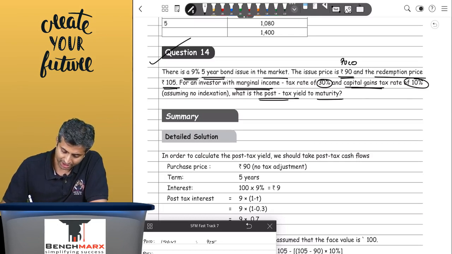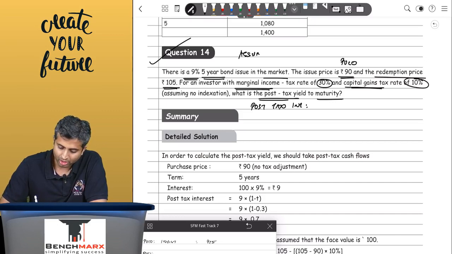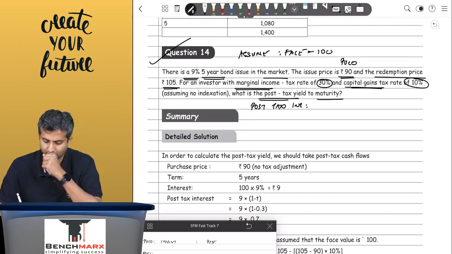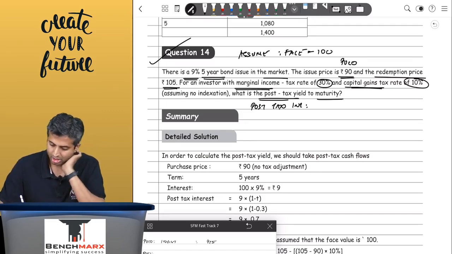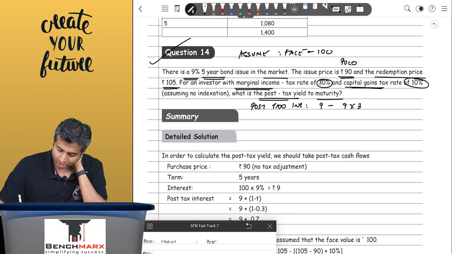For this post-tax yield to maturity, you will have to find the post-tax cash flows. So what is your post-tax interest? Assuming face value is, let us say, 100, post-tax interest is 100 into 9%, which is 9, minus 9 into 30%.